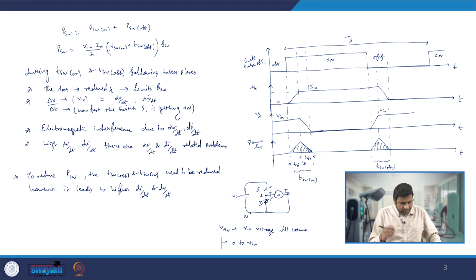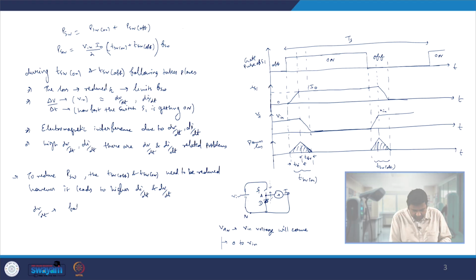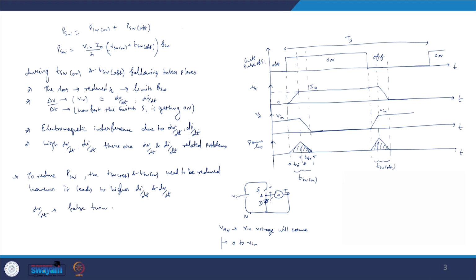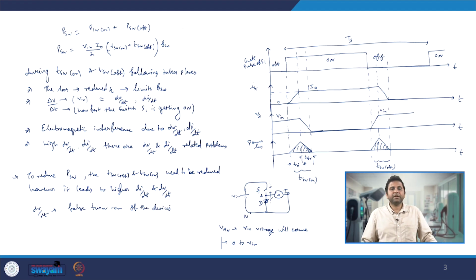Now before I start going to that, let me also say, dv/dt leads to false turn-on of the devices, because your voltage on the gate to source will go above the threshold voltage when the switch is off and the other switch is turning on. That's when you have false turn-on of the switch which is off.